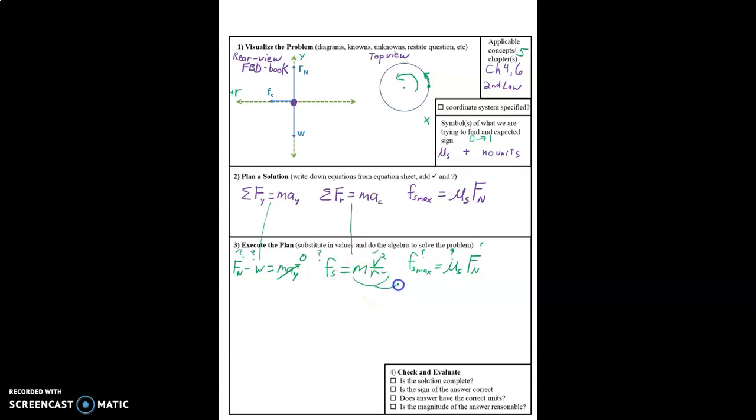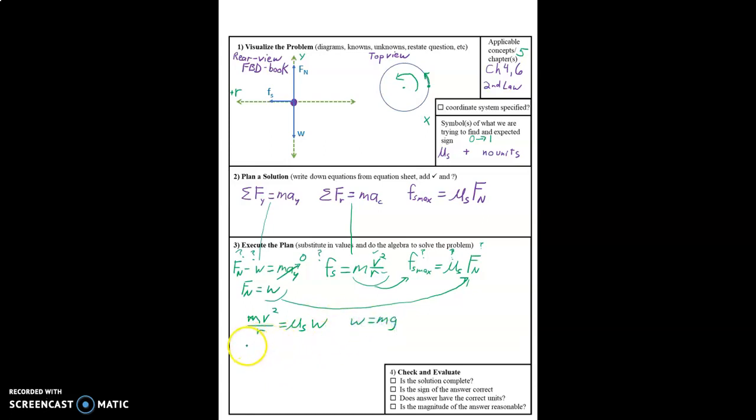So we're going to take this, we're going to substitute it in there. We can solve this equation, say that Fn equals W. So we're going to take this value, substitute it in right there, and I'm just going to pop down here. So we get M V squared over R equals mu S times W. But we know that W equals what?